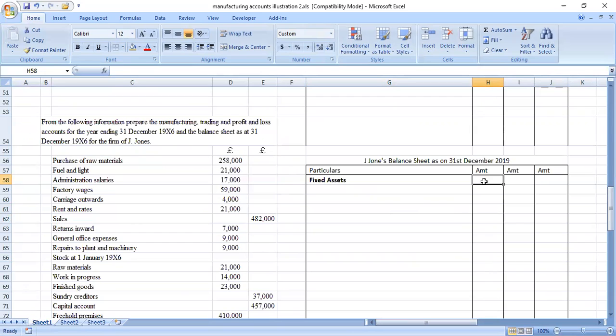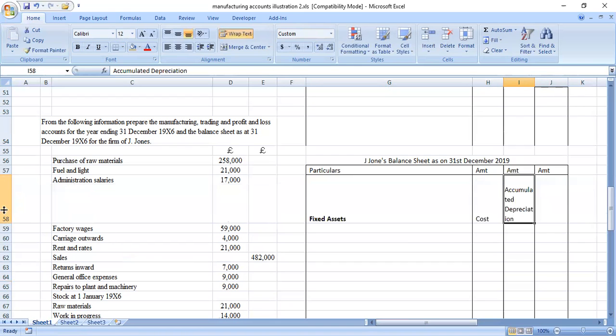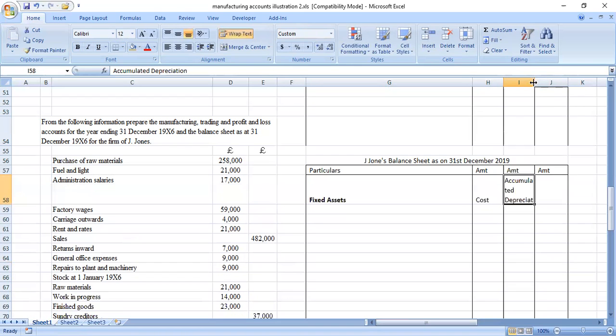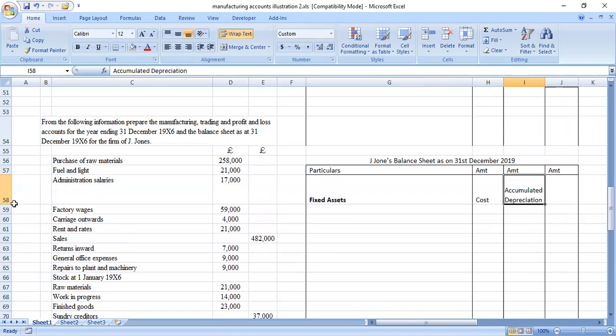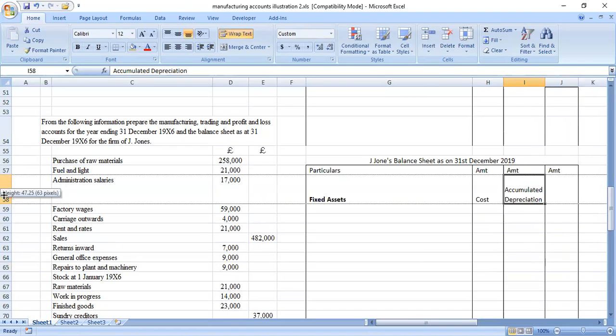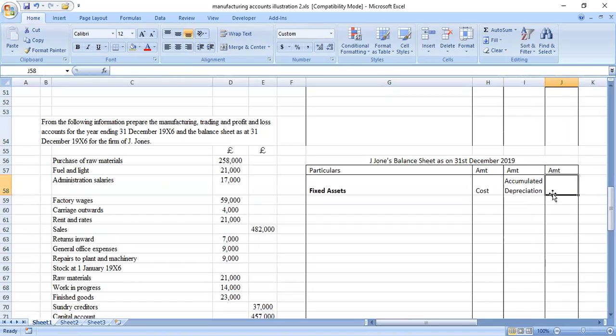So for fixed assets, this column we have the cost. This other column we have the accumulated depreciation. And here you have the book value.